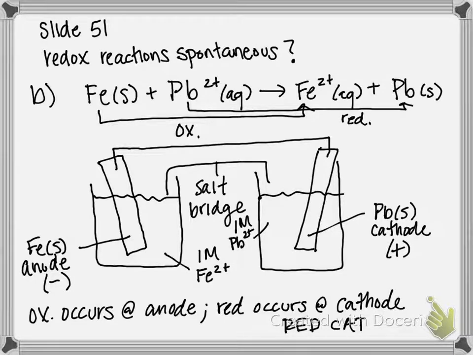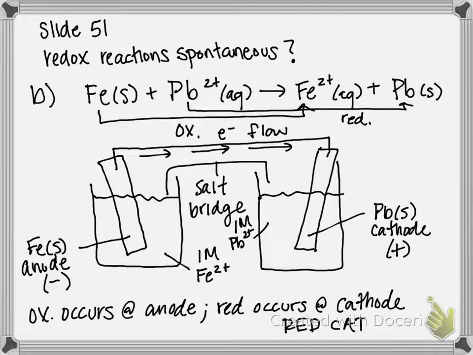Now, since something's being oxidized, remember the thing that is being oxidized is donating its electrons to the thing that's reduced. So therefore, my electrons are flowing from the anode to the cathode, literally left to right.